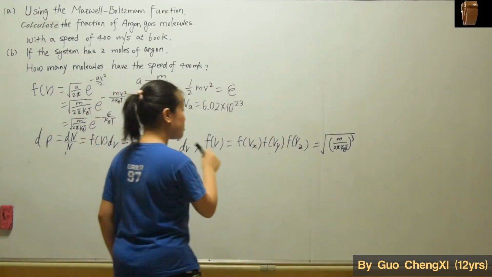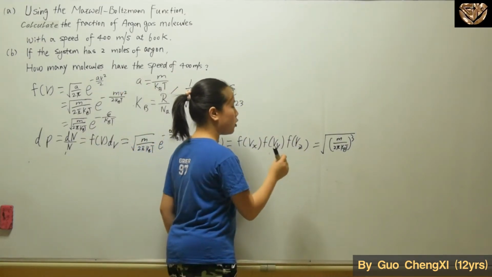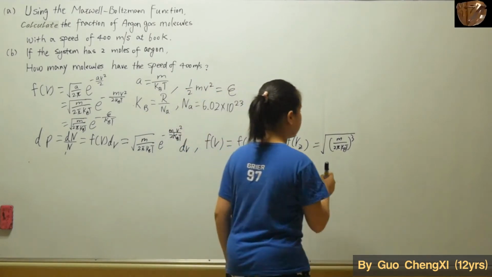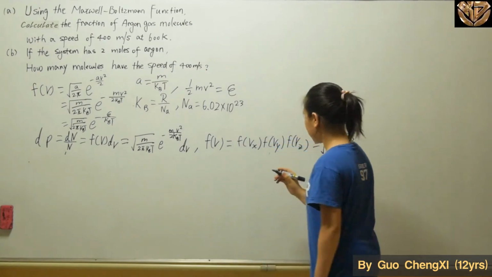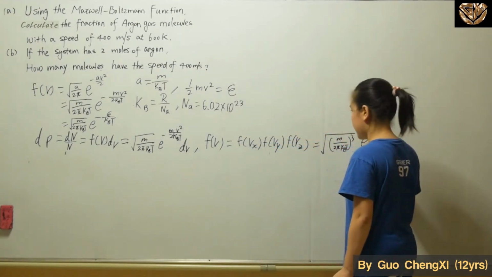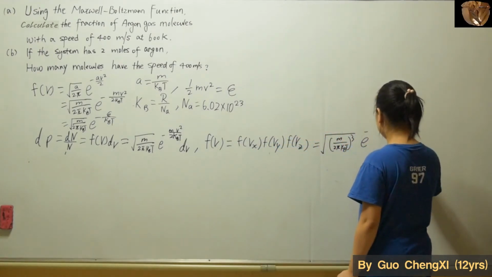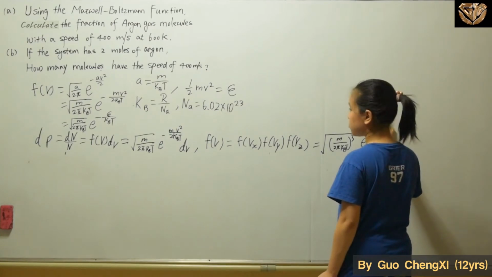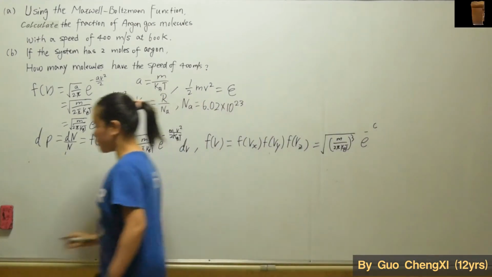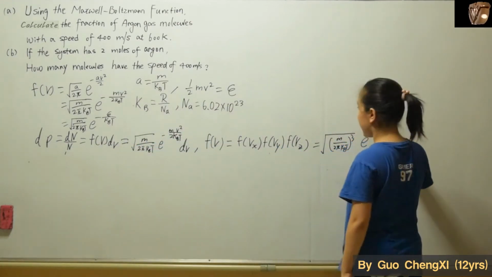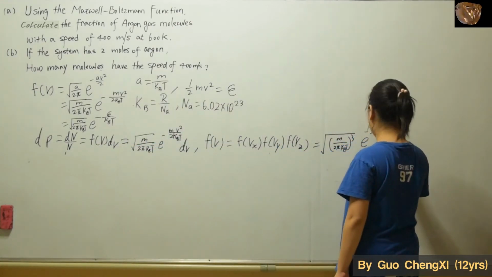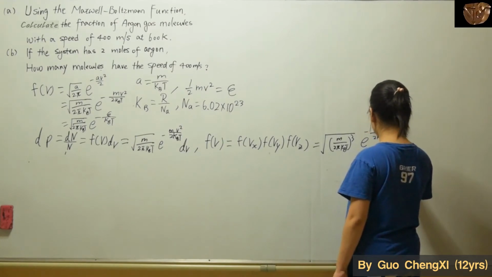Okay, so this is going to be square root m over 2 pi kbt and then bracket cube. Okay, then for the second part, it will be mv squared over 2 kbt.